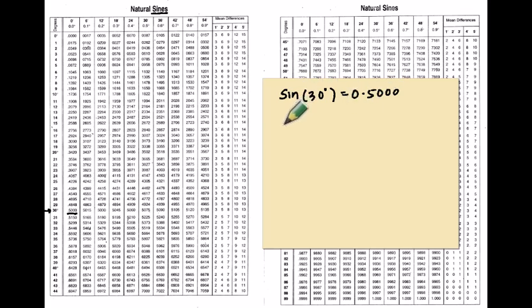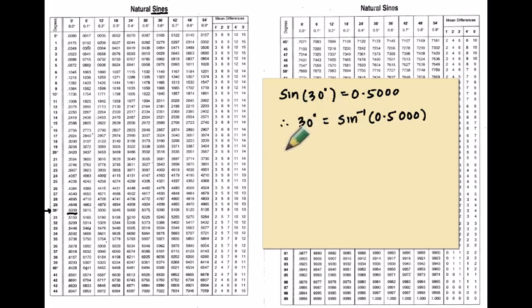And therefore, when we say finding inverse, what this actually means is that 30 degree is equal to sine inverse, this is how it is written, sine inverse of 0.5000. Now, what is this all about?